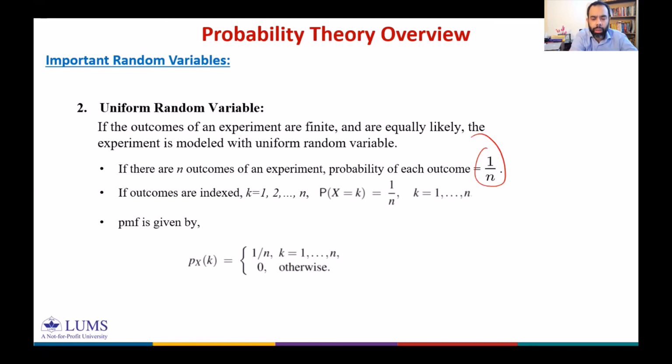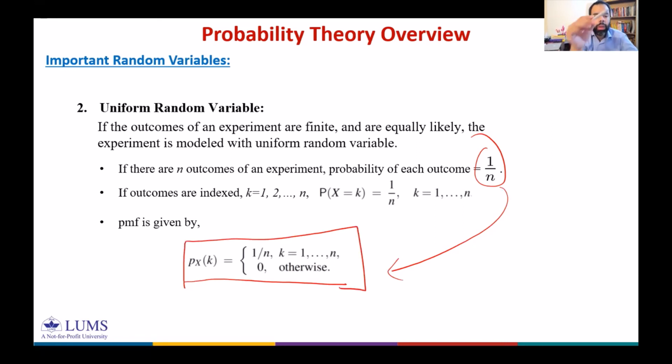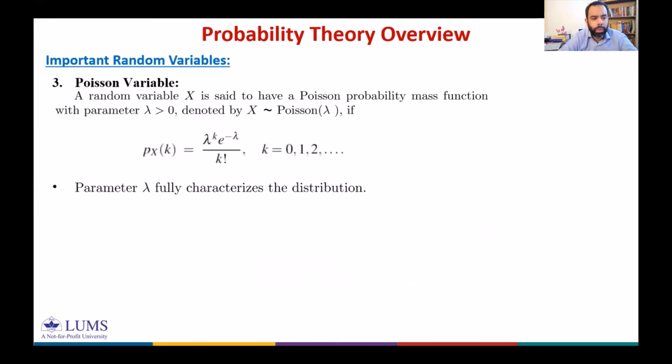And noting this, we can have this probability mass function: the probability of outcome 1 is equal to 1 over n, the probability of outcome 2 is also 1 over n, and so on and so forth. For each of the n outcomes, the probability of each outcome is equal to 1 over n.